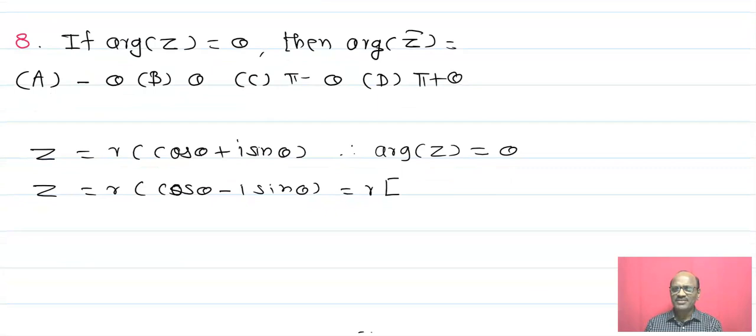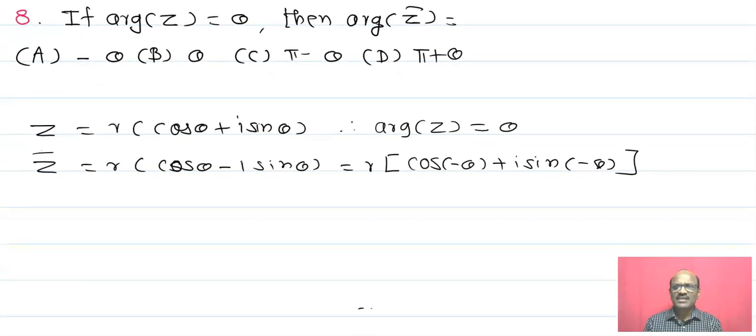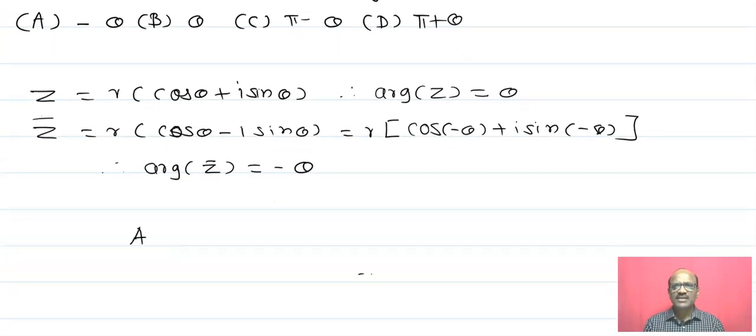I forgot to write that z bar must be there. That is cos of minus theta plus i times sin of minus theta. That is, argument of z bar is equal to minus theta. Hence option A is the correct one.